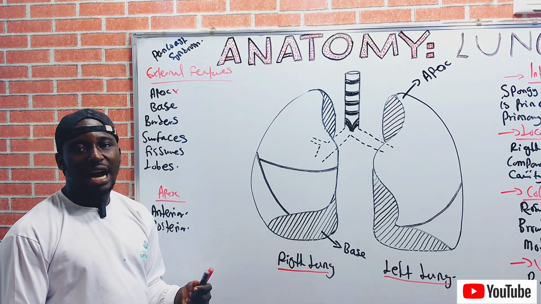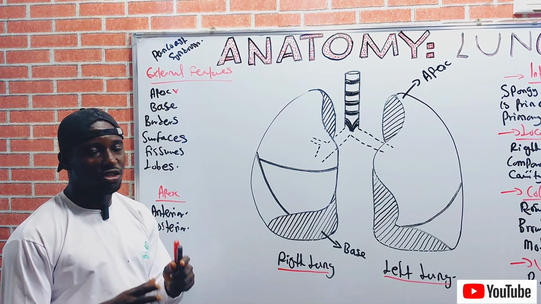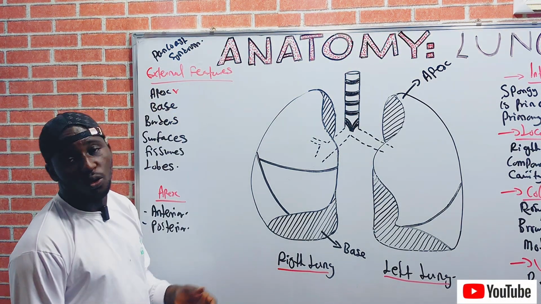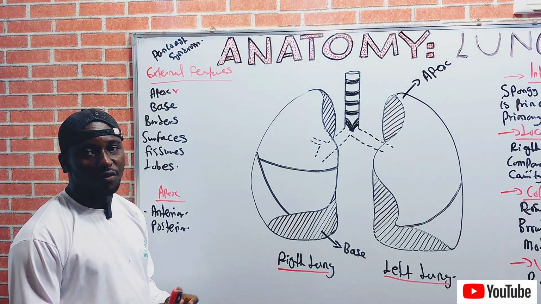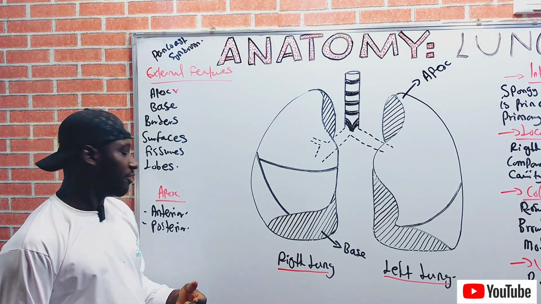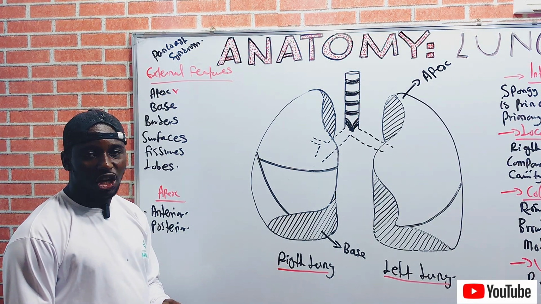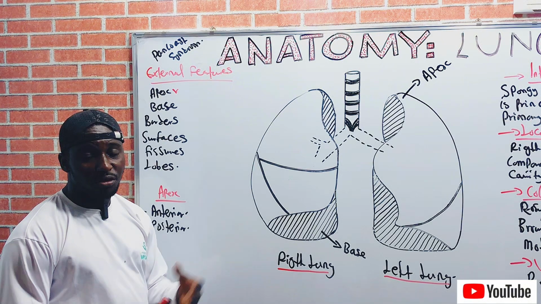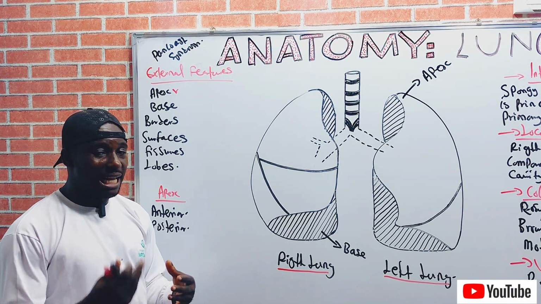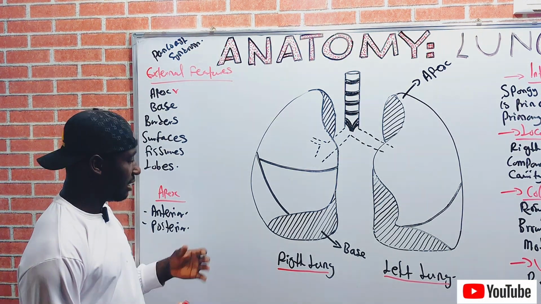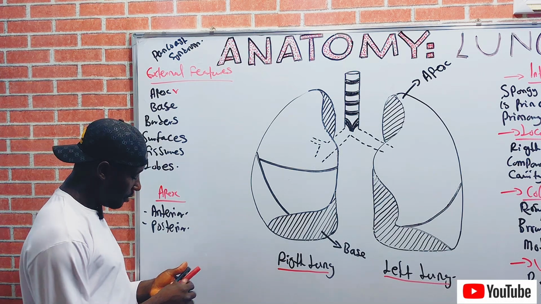So that is how it works. That's what we talk about with the Pancoast syndrome, because of the involvement of the structures that form the posterior relation of the lung apex, because of the cancer of the lung apex. Okay.